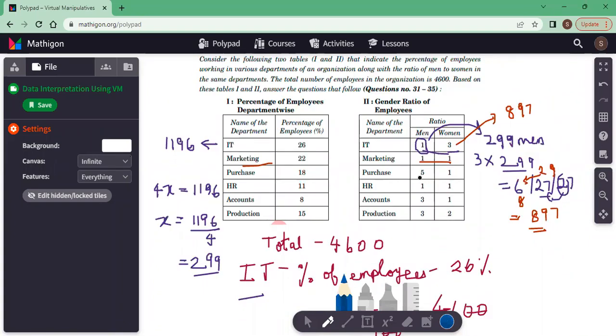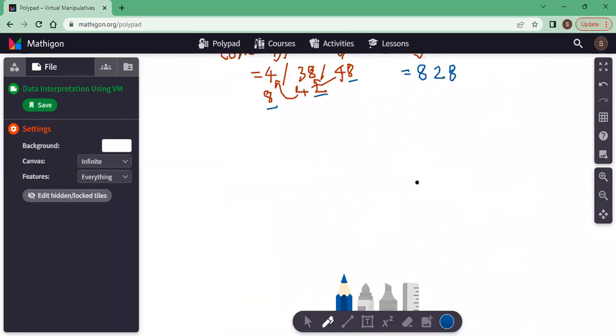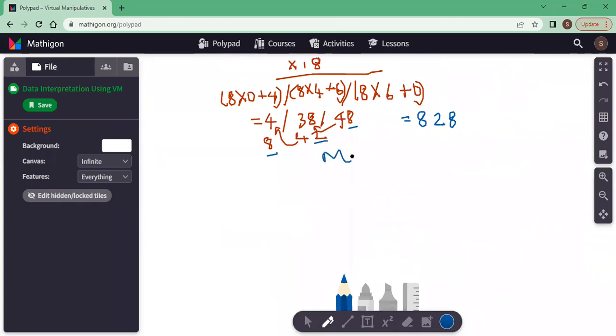Now, they have given the ratio of men and women as 5:1. So it is nothing but 6. So what you have to do?